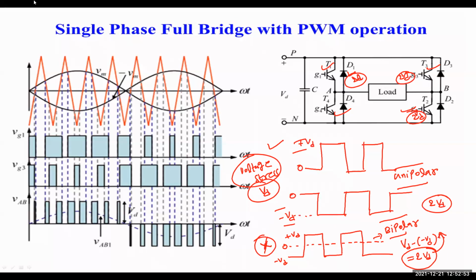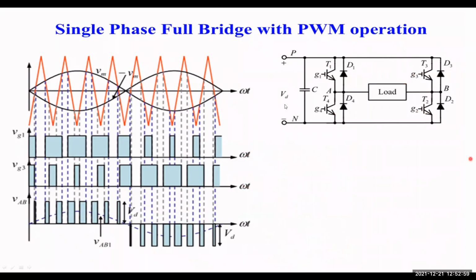In unipolar pulse width modulation, our output voltage is one of 0 and VD, or otherwise minus VD or 0.